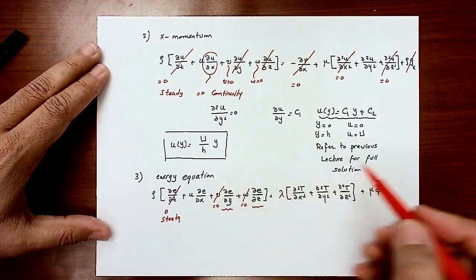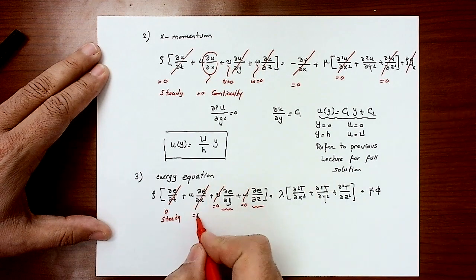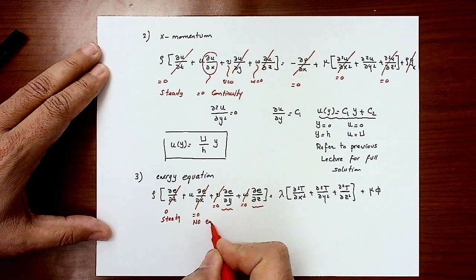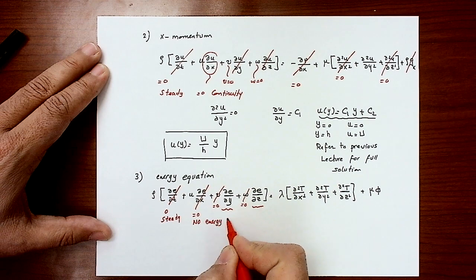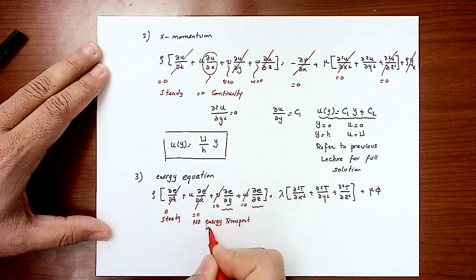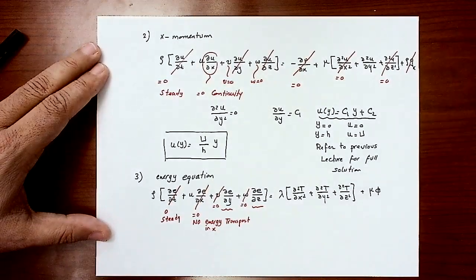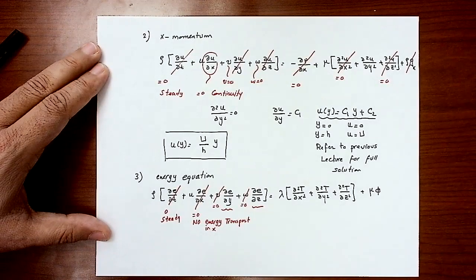All the energy will change from the bottom to the top plate. So that's going to be 0, no energy transport in x. I'm looking for the transport of energy from the lower plate to the upper plate, which means that I'm in the y direction. What else?